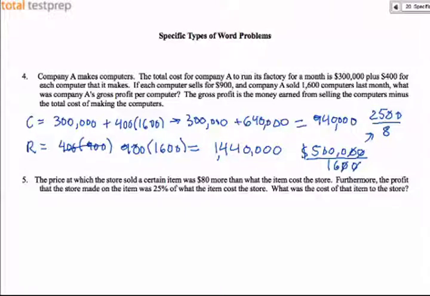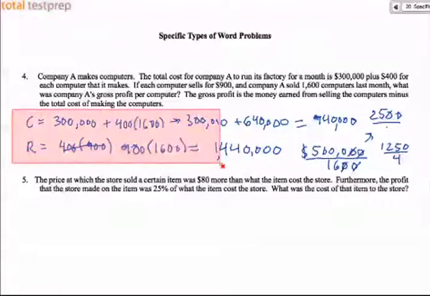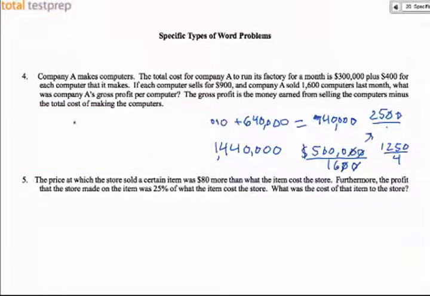This can be broken down further to 1,250 divided by 4. So when you have 1,250 divided by 4, you can divide that into 625 divided by 2, or 312.5. So the gross profit per computer was $312.50.